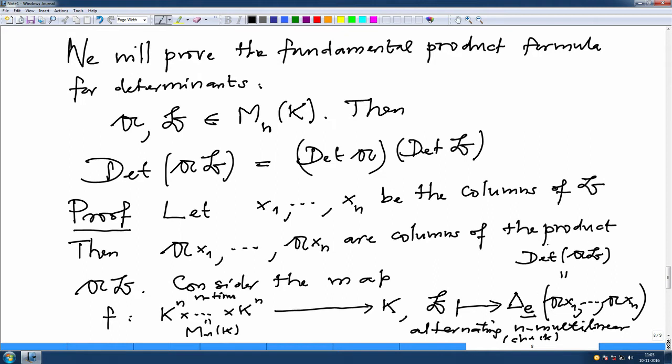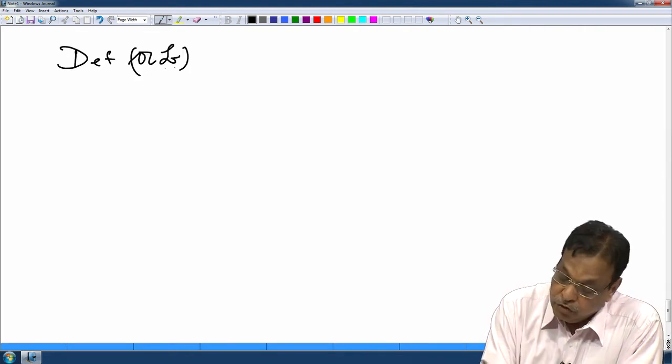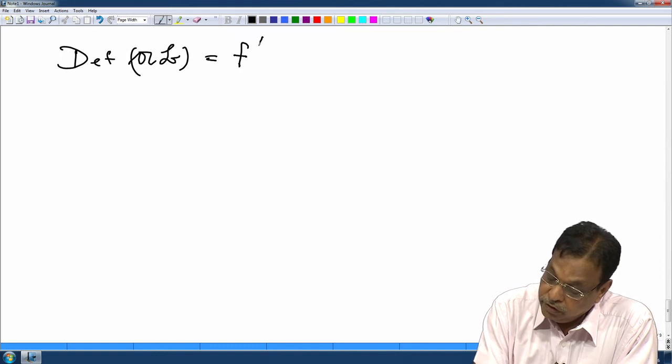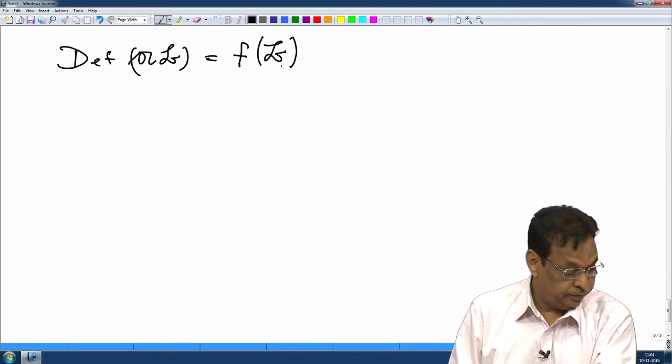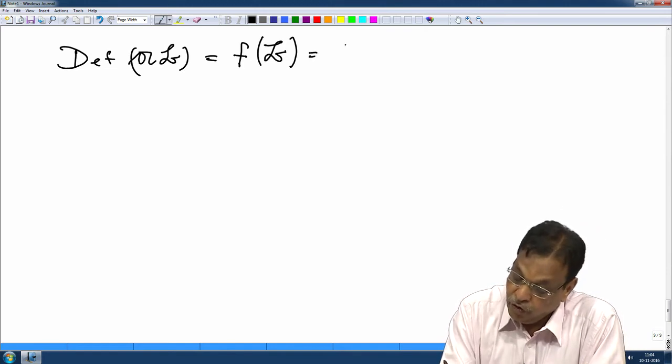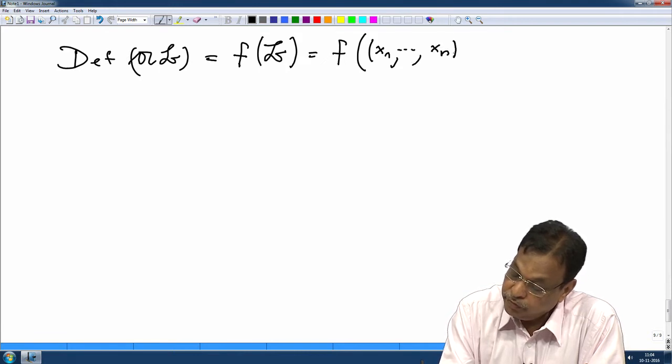So, the determinant of A times B is F of the matrix B, that is the definition of F of B, and this is F of x1 to xn, the columns of B.